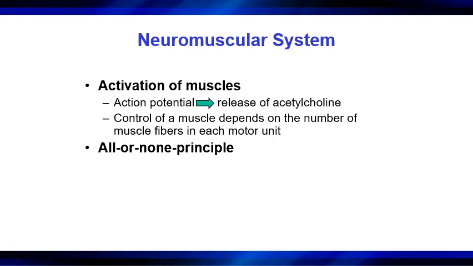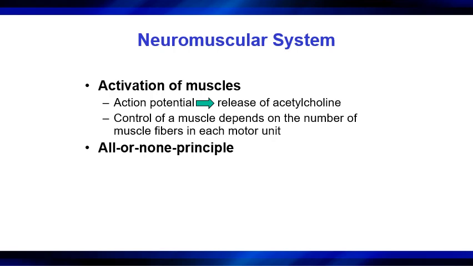Think about picking up a pencil and writing: it doesn't require a lot of force, but it requires precision. So the number of muscle fibers per motor unit is smaller in a muscle that functions with precision versus one that has more gross motor activity.